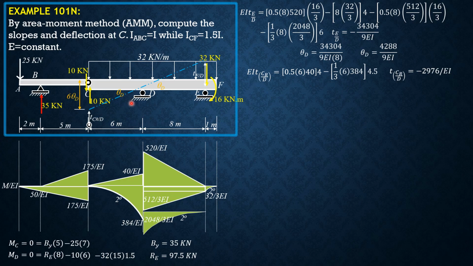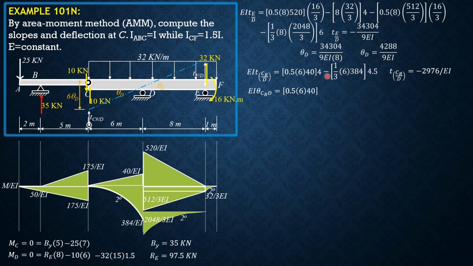By the way, this is 6 times theta D. And this is the deviation of C relative to D. The vertical distance from the original point on the beam to this point here is the deflection at C, which is negative. And this is the negative of the absolute value of 6 theta D plus the absolute value of the deviation of C right relative to D. So EI theta C right D is just the area.